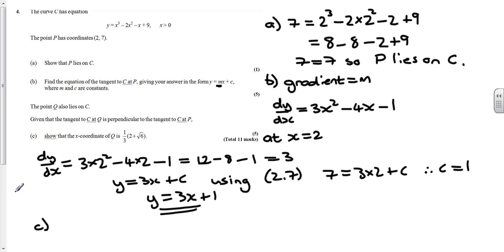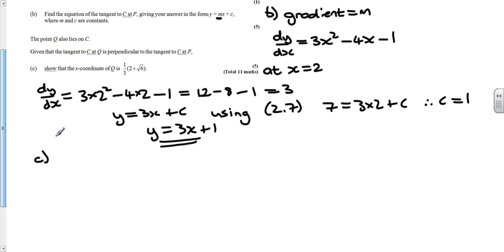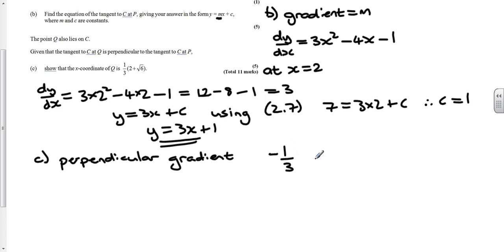Moving on to part C, the question explains that at Q the tangent is perpendicular to the one at P. So the perpendicular gradient is the negative reciprocal, meaning it's negative, and instead of being 3, it's minus 1 over 3.